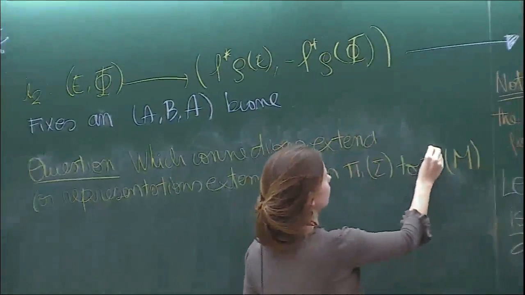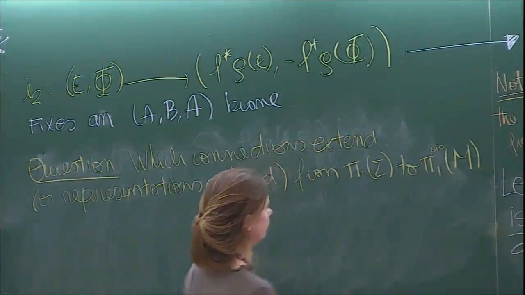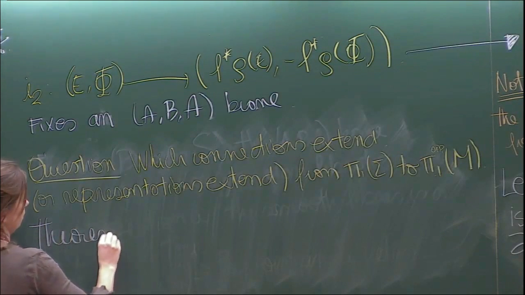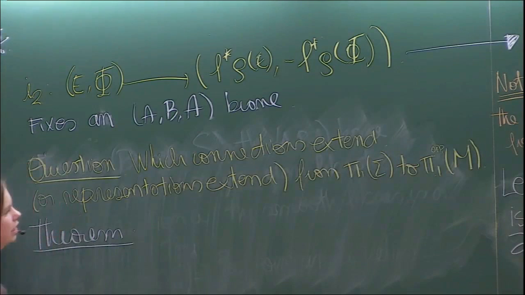You really will have to have an orbifold here, the orbifold fundamental group. And the answer comes from the structure of your Higgs bundles. You knew that your ABA brane was a collection of tori, but these tori are labeled by our invariants, and so they will have different properties. And the theorem here is that only the ones that have a trivial class will be the ones that extend.